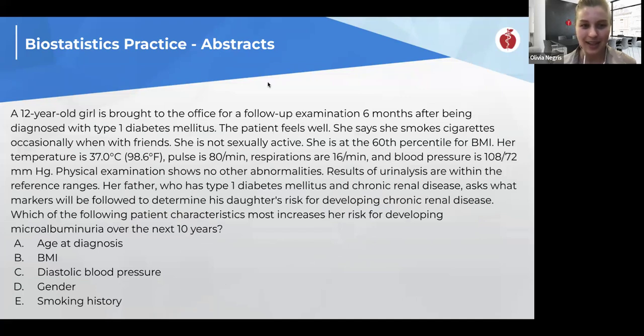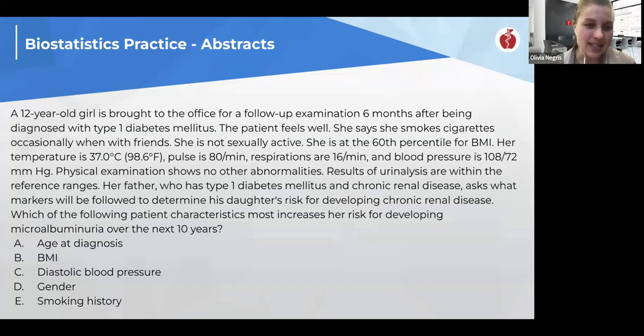The tables are usually where the juicy information is. I try to make sense of that and then see what they are asking me. So which of the following patient characteristics most increases her risk for developing, I'm struggling with this word today, you guys, microalbuminuria over the next 10 years.